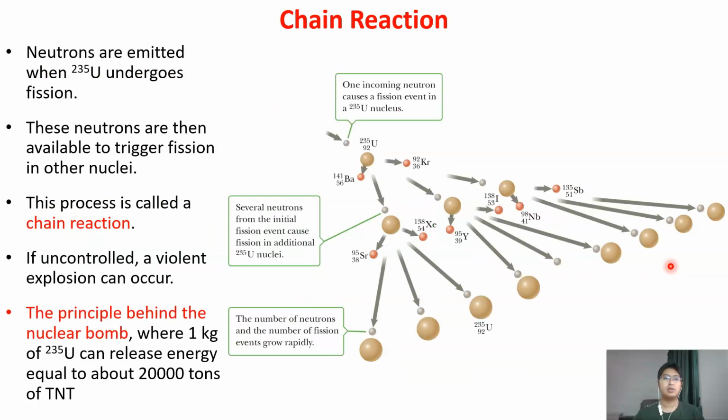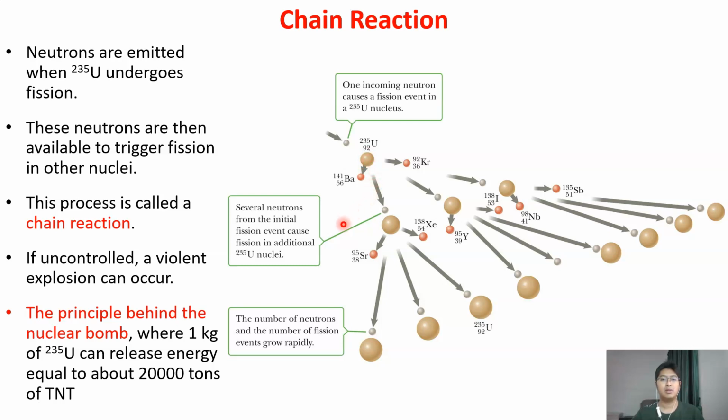The chain reaction. Neutrons are emitted when the uranium-235 undergoes fission. One incoming neutron causes a fission event in a uranium-235 nucleus, and then these neutrons are available to trigger fission in other nuclei.